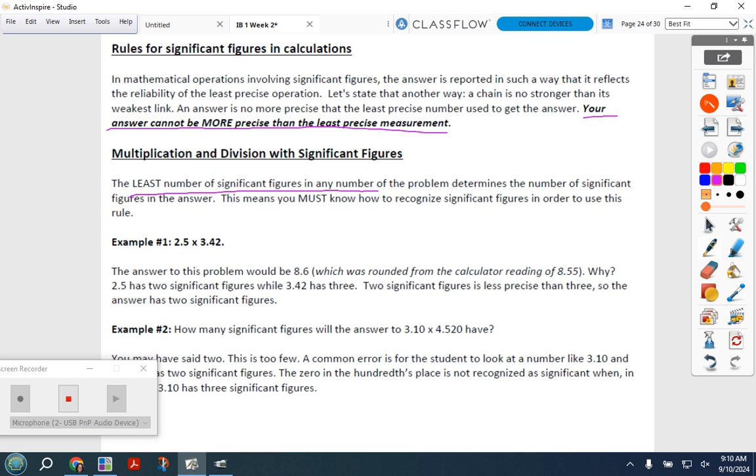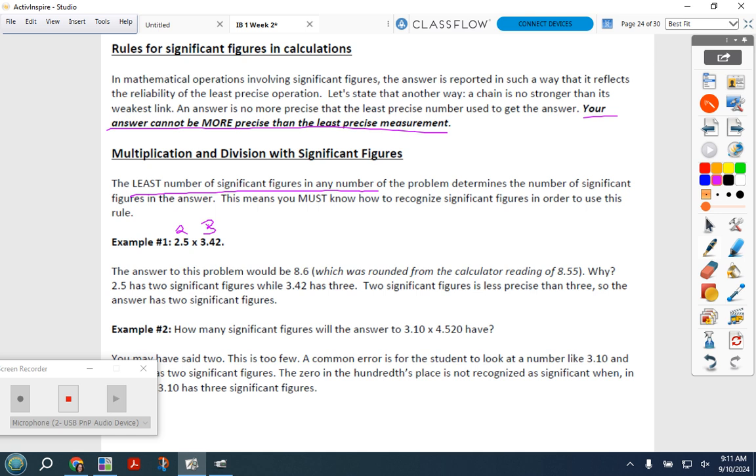The example they give you is 2.5 times 3.42. 2.5 only has 2 sig figs. 3.42 has 3. I cannot do this calculation and somehow give this number an extra sig fig just by doing the math. That doesn't work. So my answer can only have 2 significant digits.